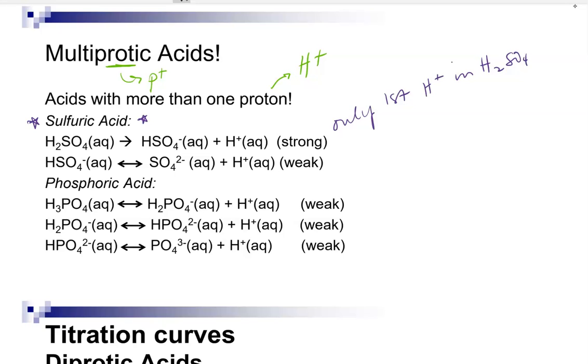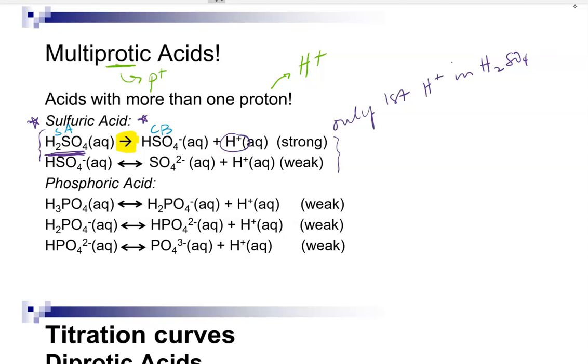So the way that this equilibrium would work, if we have a sample of sulfuric acid, every single sulfuric acid molecule would dissociate by giving off that first H plus. Notice the forward arrow here. The first H plus would come off of every single molecule. And so we have our strong acid here, and this would be its conjugate base.